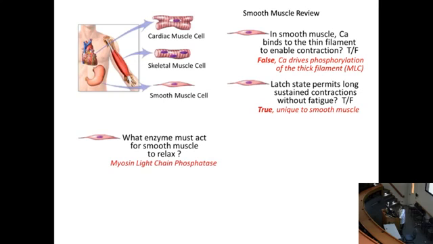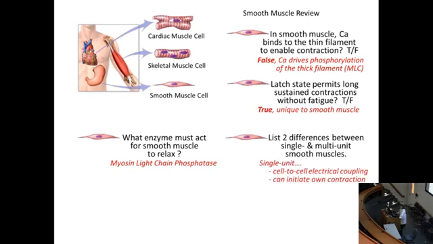That is activated when the calcium concentration decreases. Okay, list two differences between single and multi-unit smooth muscles. Cell-to-cell electrical coupling because of the presence of gap junctions, and remember they can initiate their own contractions.